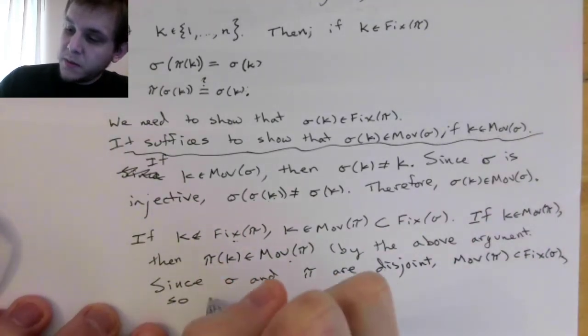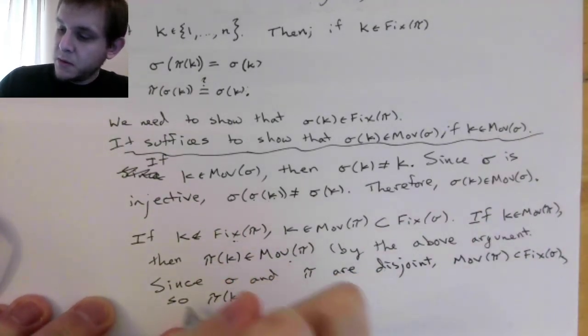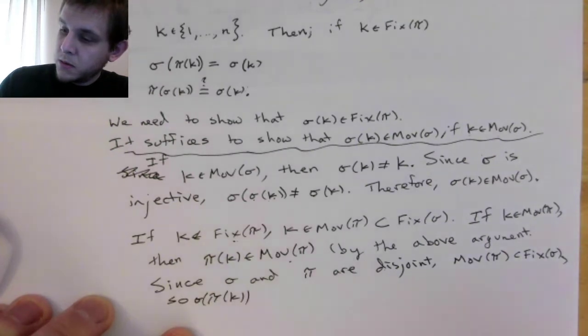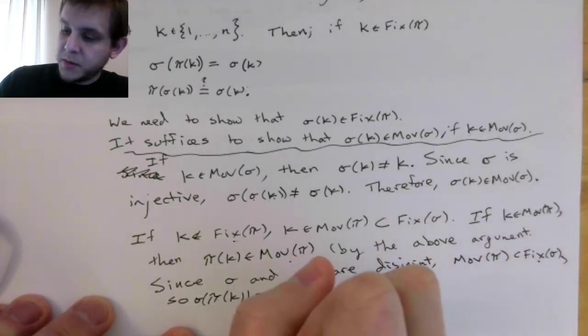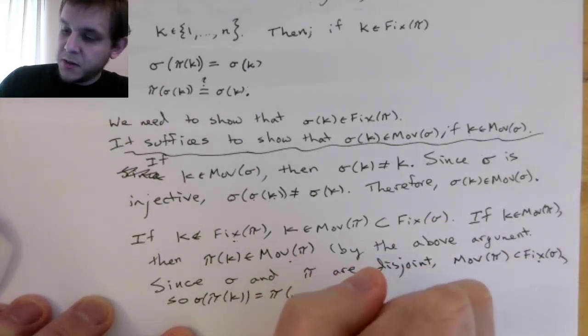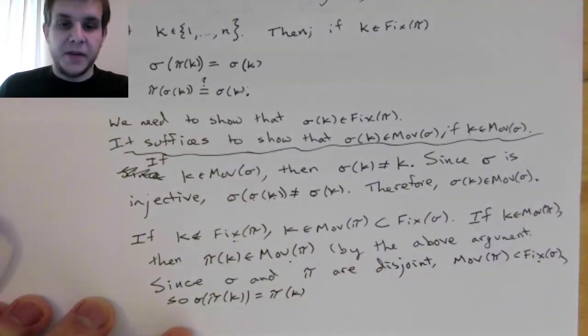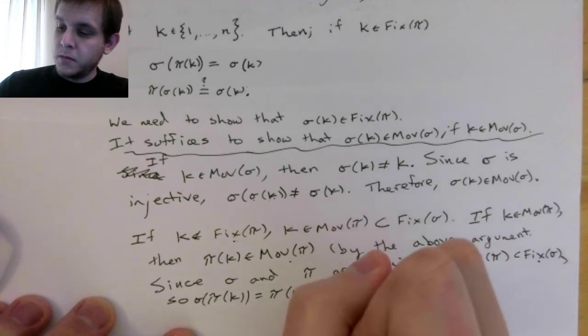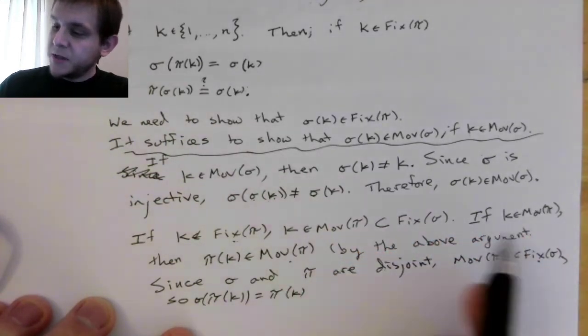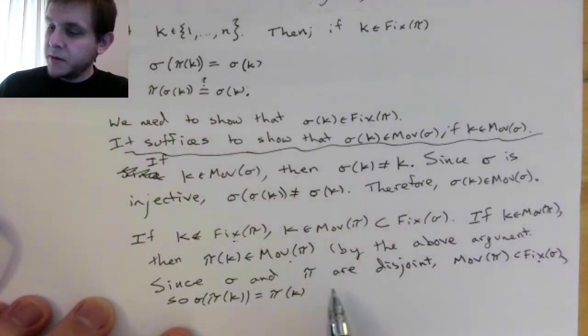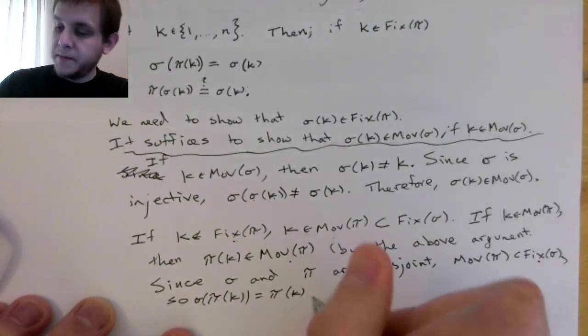So pi of k is fixed by sigma. So when I plug it into sigma, I just get pi of k back. But k, by assumption, was in the fixed point set of sigma, because it's in the moved point set of pi.